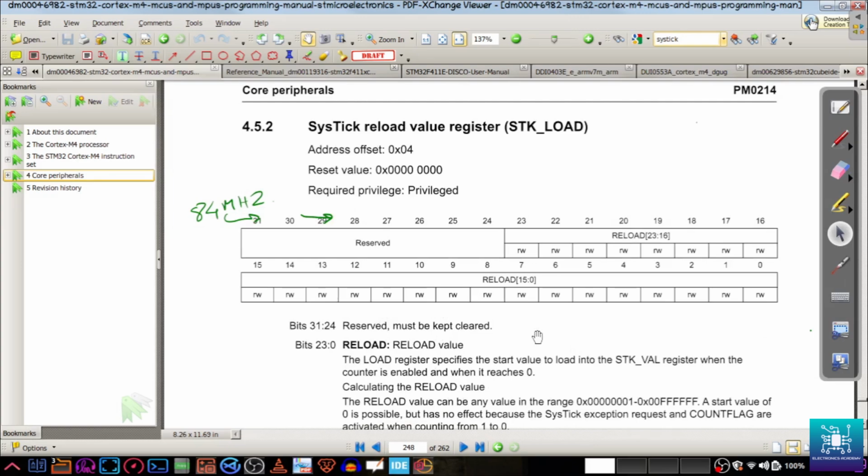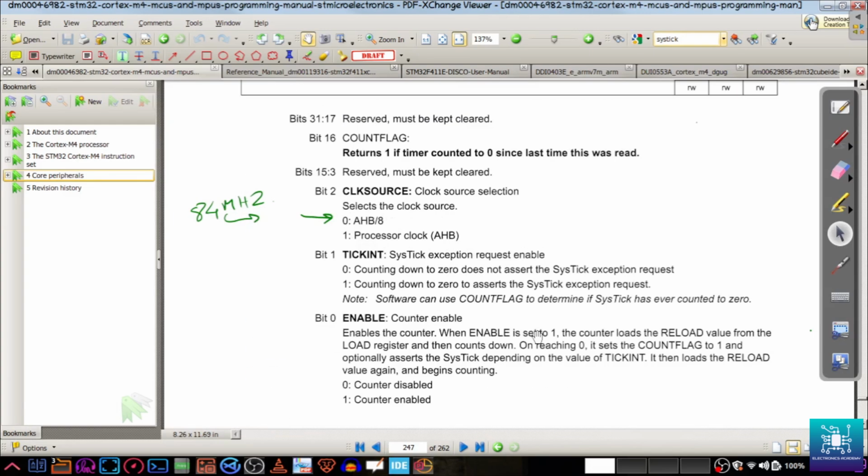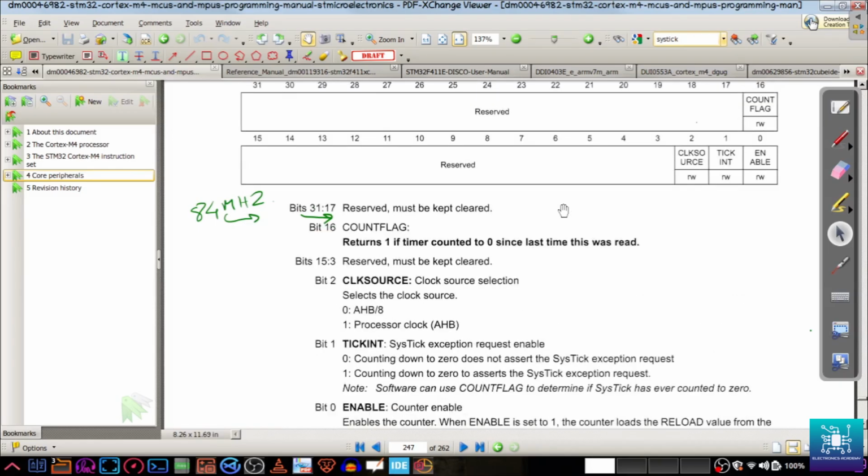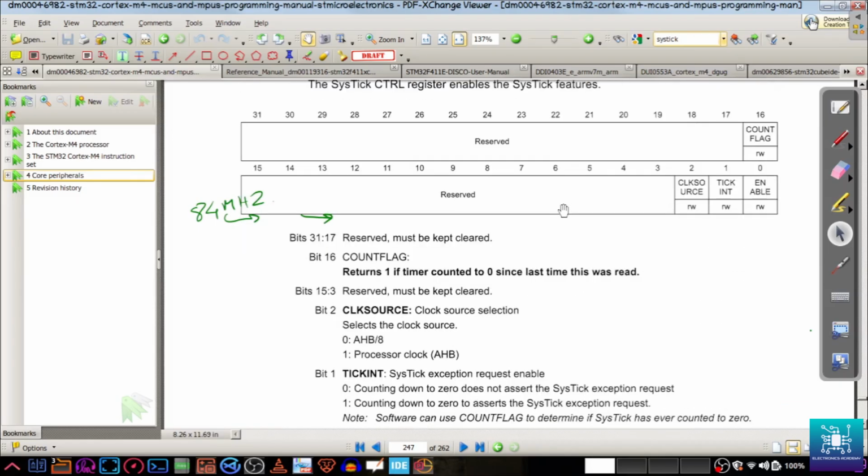So the count flag bit, that is what you have here, returns a 1 if the timer counted to 0 since the last time this was read. Now suppose you are using the Systick in polled mode, then you will need to use this to check every time whether the count flag has gone down to 0 and take the necessary steps after the count flag has been set.